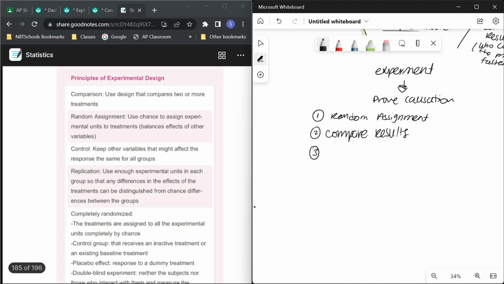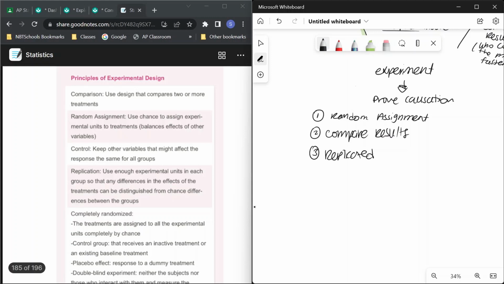It has to be able to be replicated, right? So use enough experimental units in each group so that any differences in the effects of the treatments can be distinguished from chance differences between the groups. Oh, I didn't understand that quite well back in the beginning of the year, but now that I did hypothesis tests and the conditions where the sample size has to be greater than 10% of the population, that makes so much more sense.